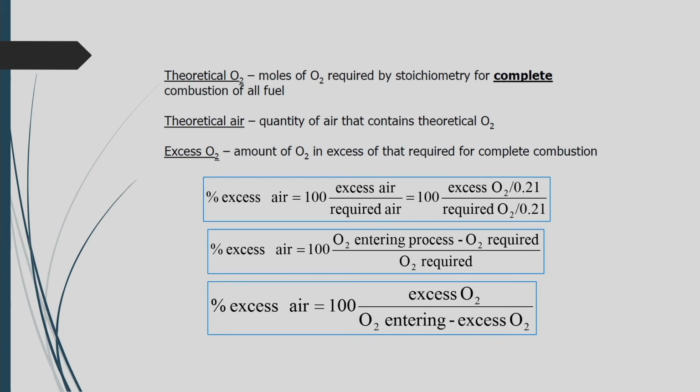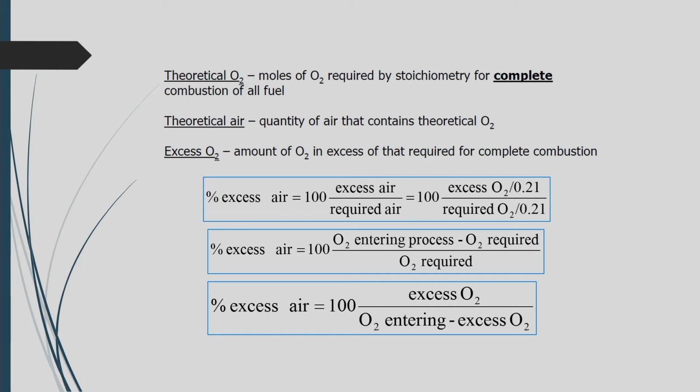So, for that you have to define how to estimate the excess air or excess oxygen. Excess oxygen is defined as the amount of oxygen in excess of that required for complete combustion. Theoretical air is the quantity of air that contains the theoretical oxygen, and theoretical oxygen is the moles of oxygen required by stoichiometry for complete combustion of all fuel. So, these three definitions you have to remember.